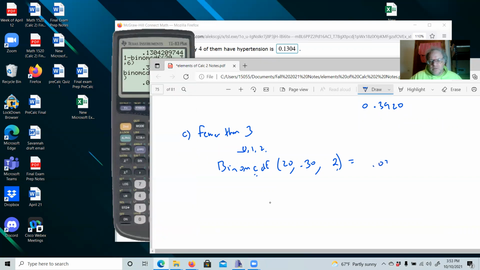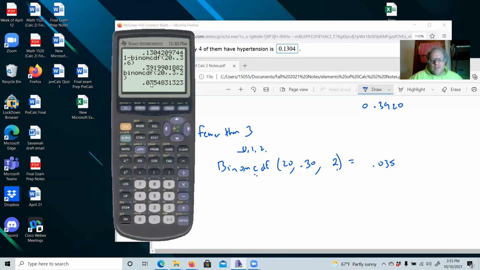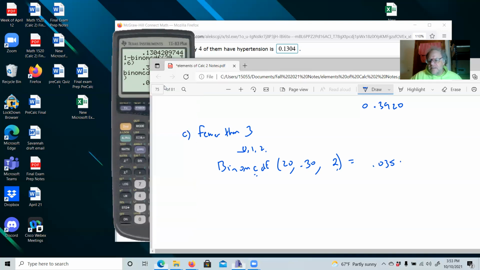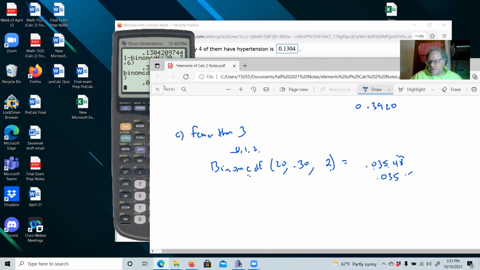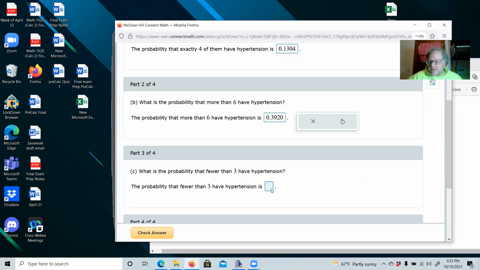We have 0.03548. To 4 decimal places, this 8 is going to turn that into 0.0355. That's going to be my answer. So that's less than 5%, that's 3.5%. If they ask me if this were unusual, I'd say yes, it is, because we're less than 5%. We have 3 pennies here, 3.5 pennies.